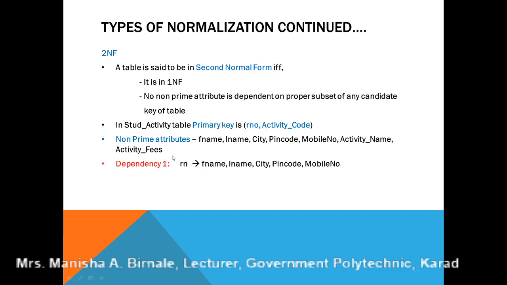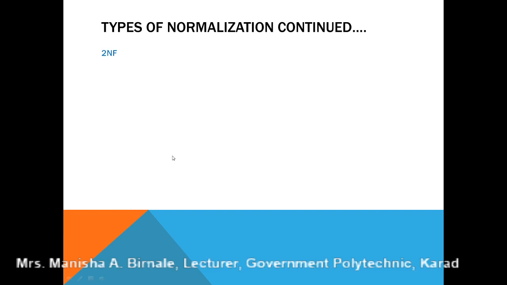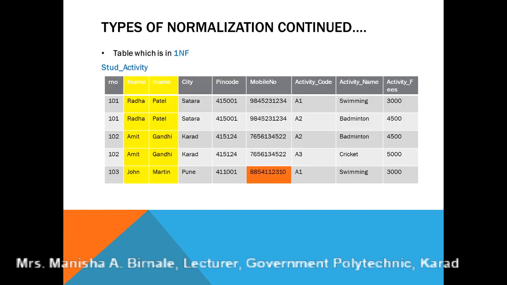Now if you see the table here, there are some dependencies. This is a first name, this is a last name. So first name is dependent on roll number. If roll number is 101, first name is Radha, and this is true for all records. Here also, if roll number is 101, first name is Radha.